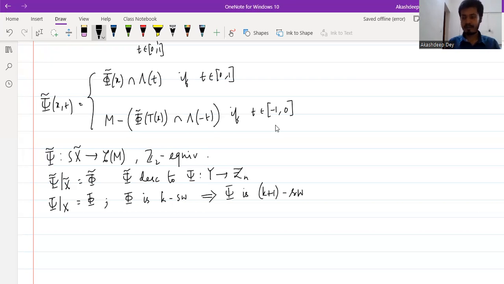So I'll draw another diagram here. So we have this boundary map from Cm to Zn, which is a double cover.